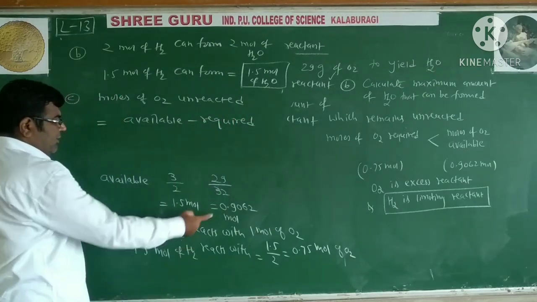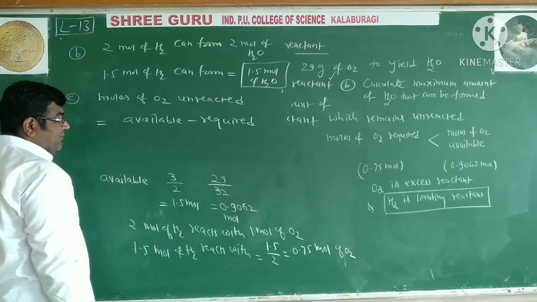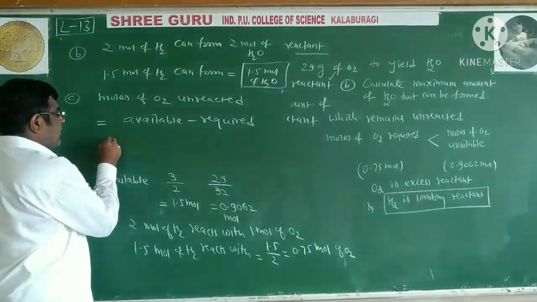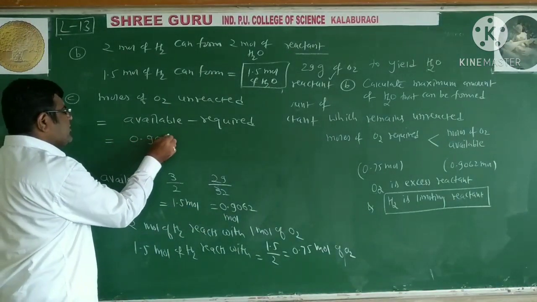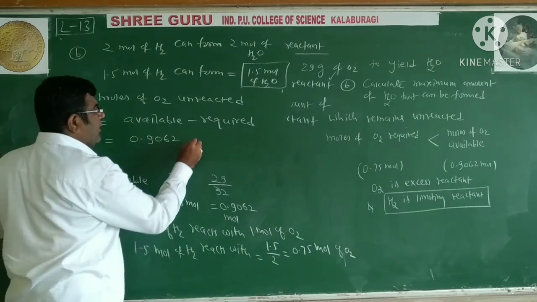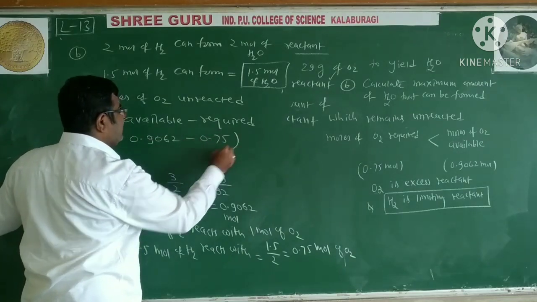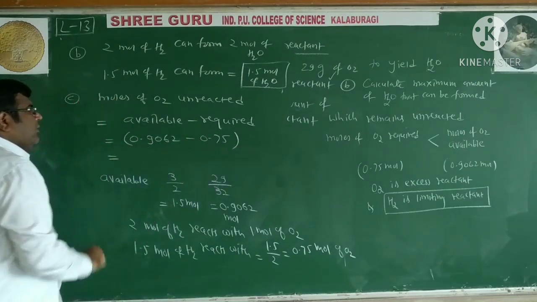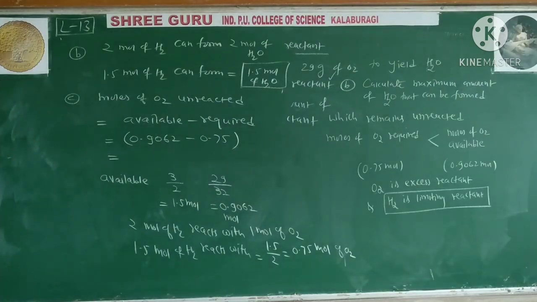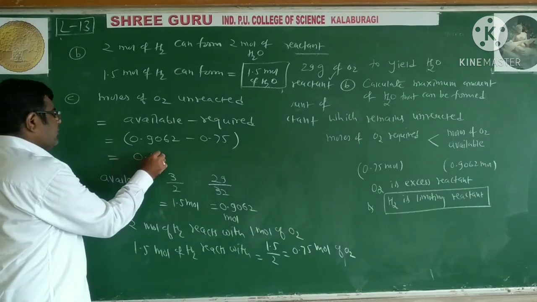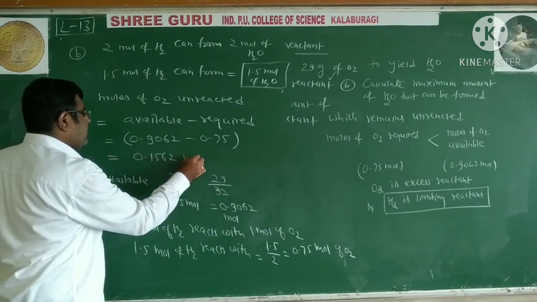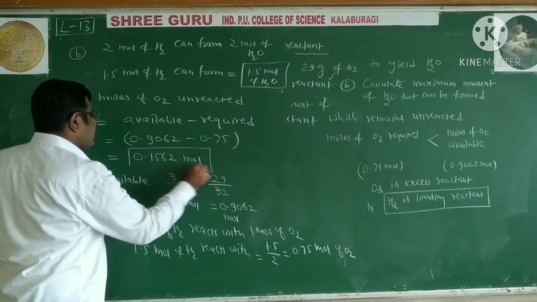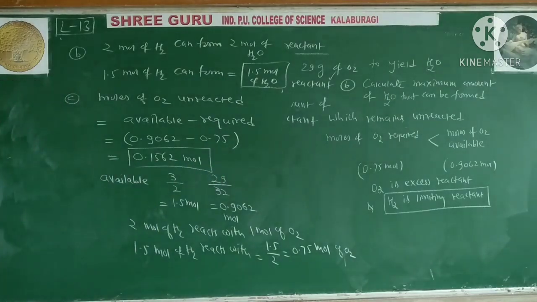Available is 29 gram, which is nothing but 0.9062 gram mole, and required is 0.75, and that equals 0.1562. This much mole of oxygen remains unreacted.